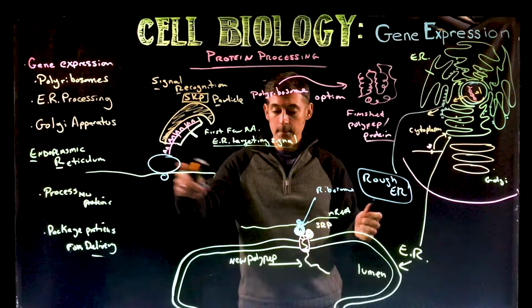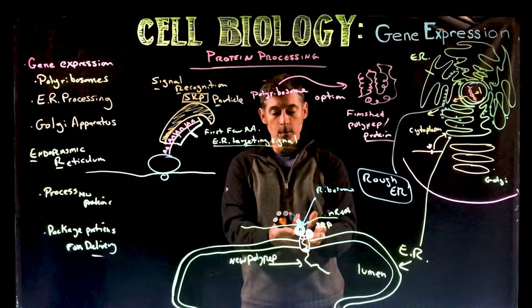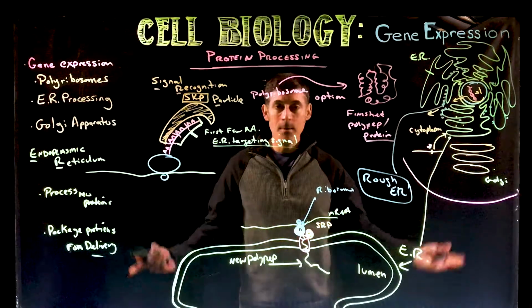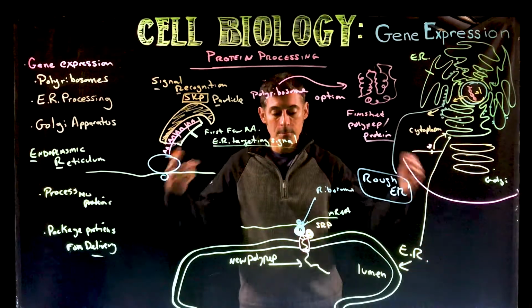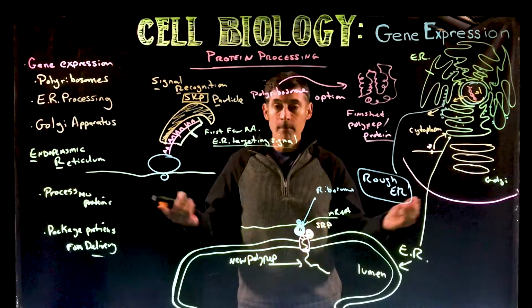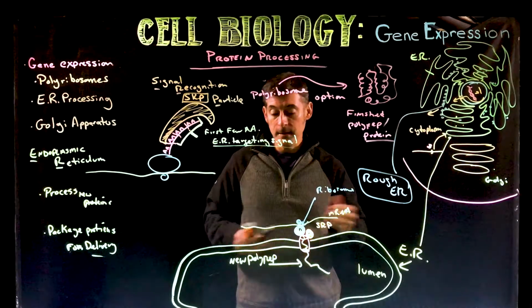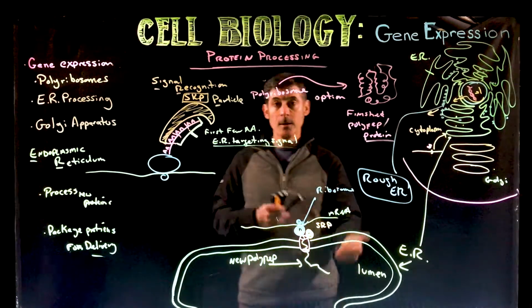These are ribosomes attached to the surface of the ER, and not just one. I'm drawing one for the simplicity of the picture, but there would be many all over the surface. So there are many proteins being pushed into it, not necessarily the same protein either, but a variety of different proteins that all require some sort of processing, not even the exact same, because the processing can be customized as well.